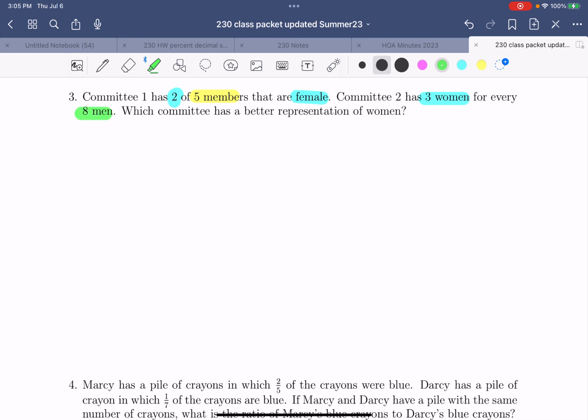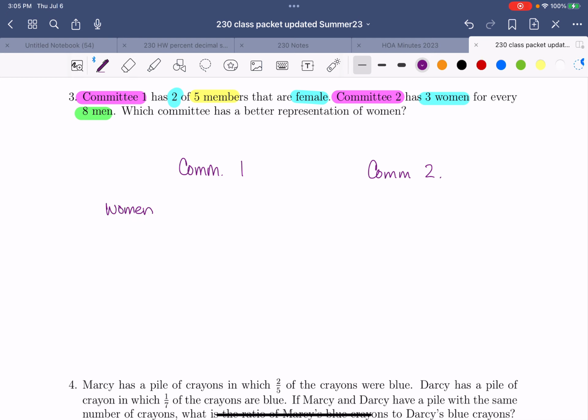I've got a couple of different labels here, and each of those is based on committee 1 and committee 2, so I'm going to put committee 1 and committee 2 up here. The female or women is the same in both, the blue one, so I'm going to put that up top and call it women. They mean essentially the same thing.